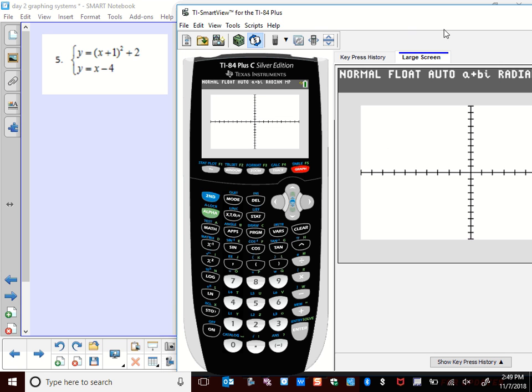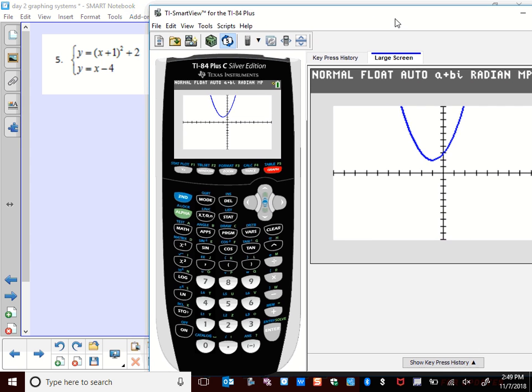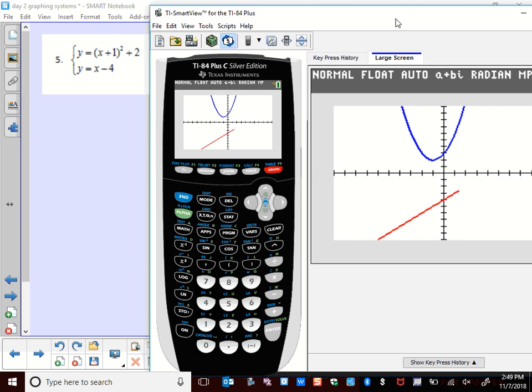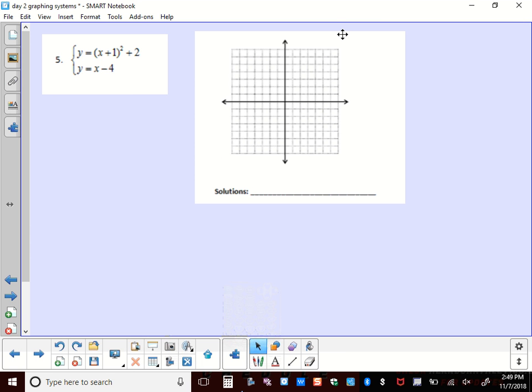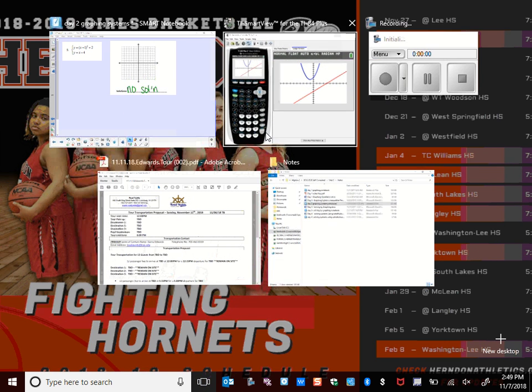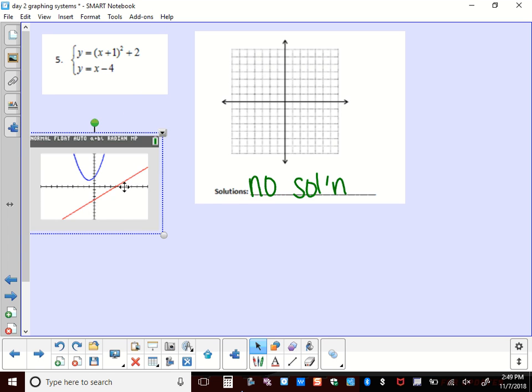When I graphed it, is this what your graph looks like? And honestly, guys, if there is a graph there, you can just sketch a graph, get a couple of points, make sure it looks right. Are these connecting at all? No, so my answer is no solution.